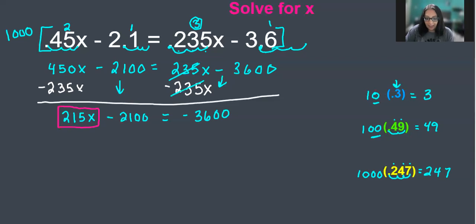I'm solving for x. So anything outside this box has to go to the other side of the equal sign. And remember, we've got to stay balanced. So whatever you do to one side, you have to do to the other. I've got a negative 2,100. To move that, I'm going to have to add 2,100 to both sides.